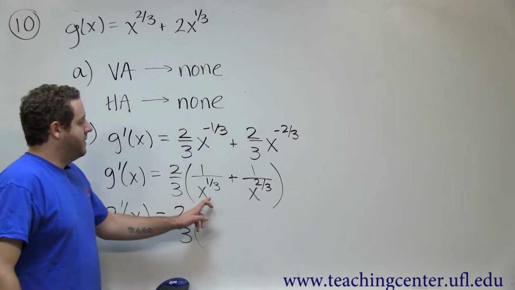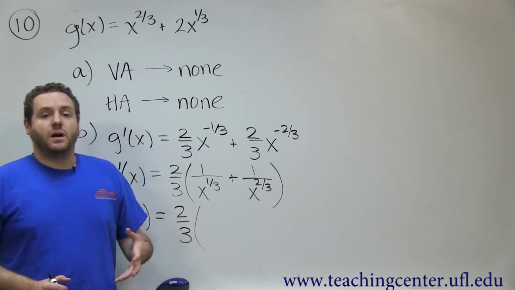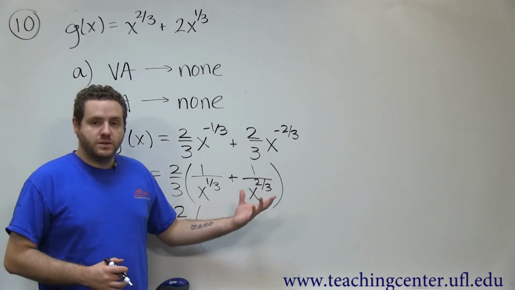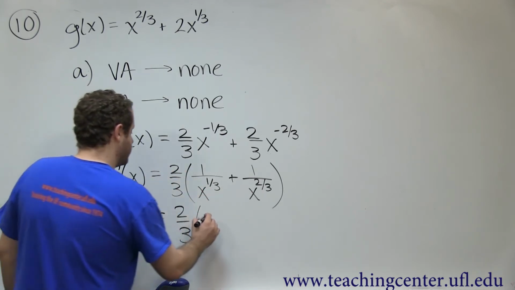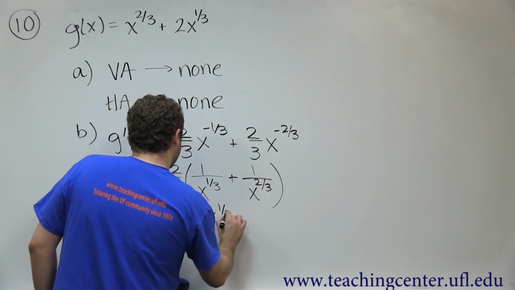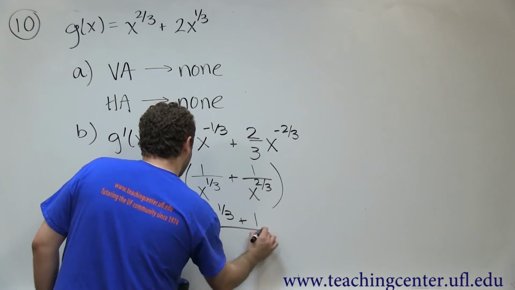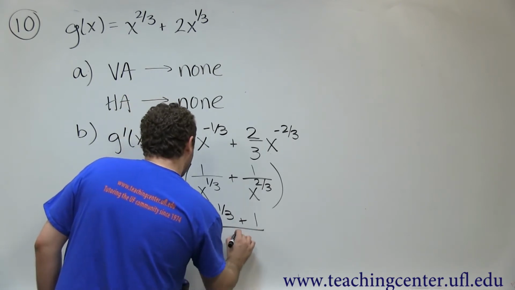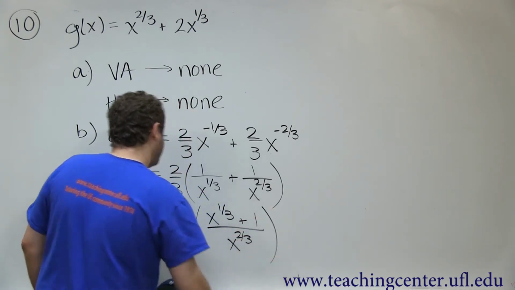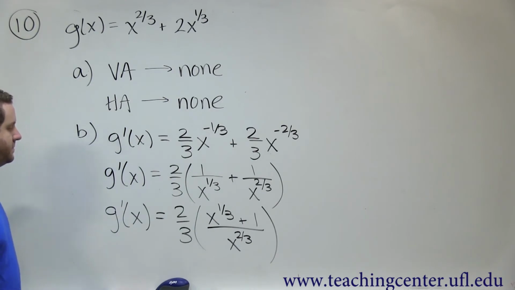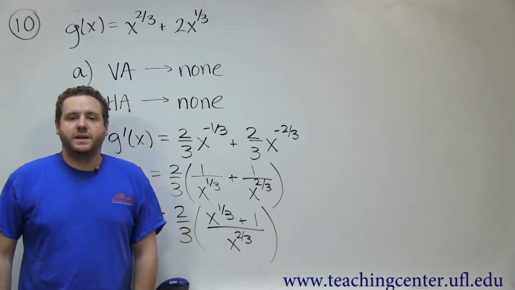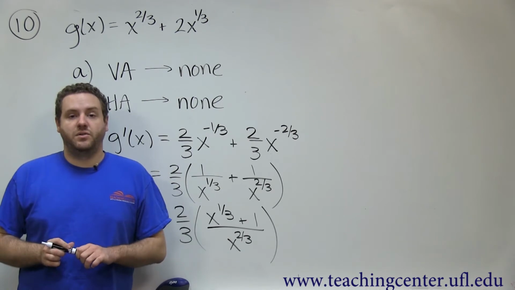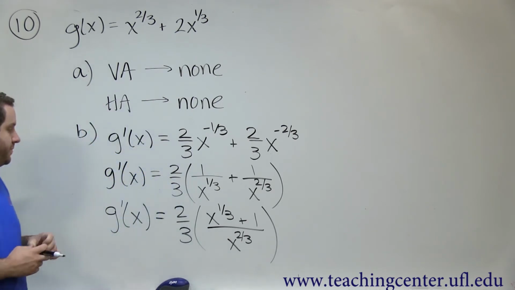If we multiply by x to the 1/3, this denominator would become x to the 2/3, and that's what we need. So then the numerator would also be x to the 1/3. So our combined fraction would be x to the 1/3 plus 1 over x to the 2/3. That's as simplified as we can get. That's where we need to be to figure out our critical numbers.